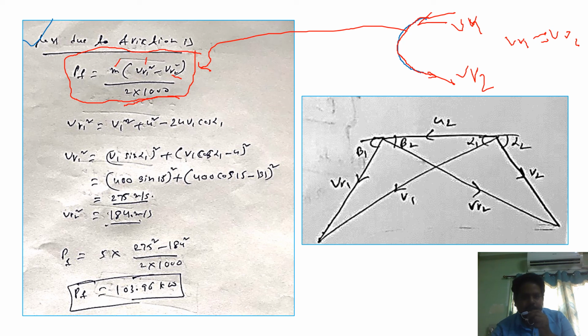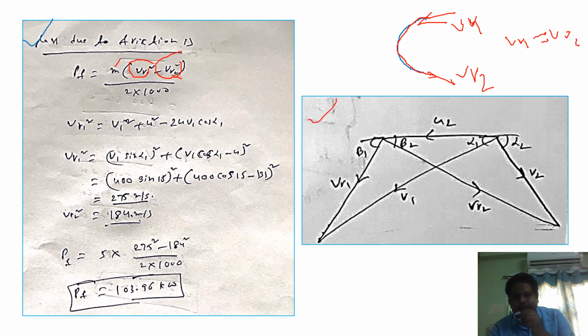Here we don't know the values of VR1 and VR2. We have to find them from the velocity diagram. From the velocity diagram we can write VR1 square equals (V1 sin alpha 1) whole square plus (V1 cos alpha 1 minus u) square.